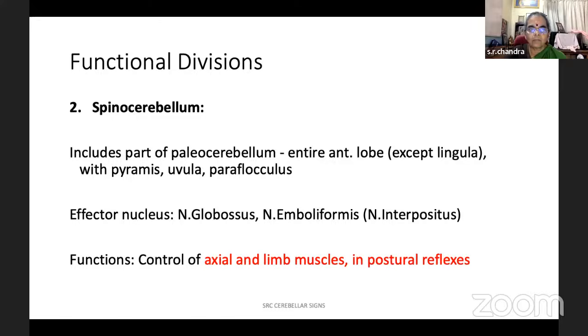Spinocerebellum, the second zone. It includes part of the paleocerebellum, the anterior part of the cerebellum, the entire anterior lobe, except the nodule, uvula and paraflocculus. The nuclei are emboliformus and globosus, and it is concerned with the spine and limbs, whereas the vestibulocerebellum is head and neck and body posture.